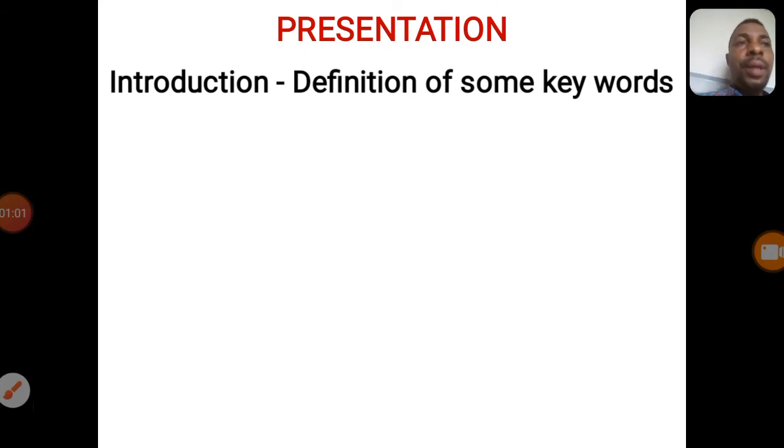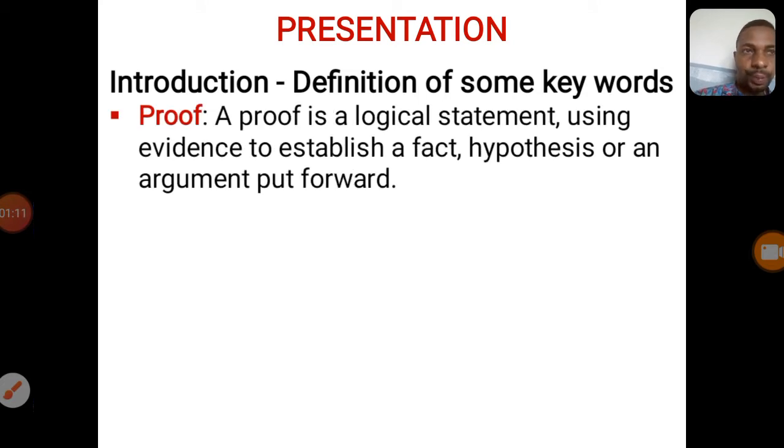Before we go deeply into the lesson, there are some keywords that you need to be familiar with. The first one is proof. Proof is a logical statement using evidence to establish a fact, hypothesis, or an argument put forward.